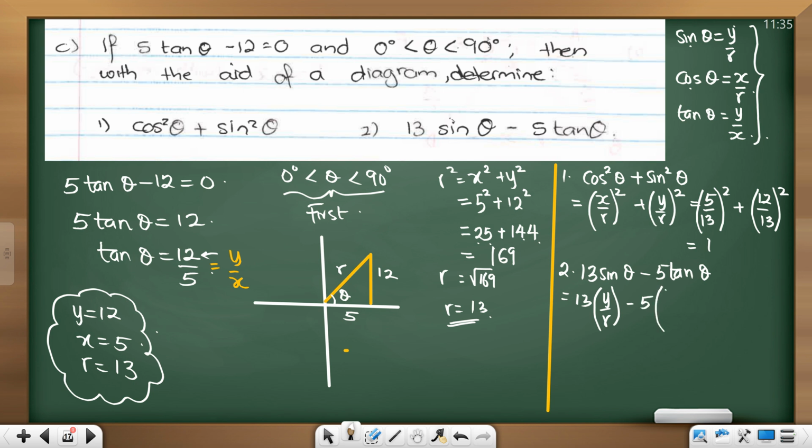What is tan theta? Y over x. It's easier this way because I already have my x, y, and r. I'm just going to solve. What is my y? 12 over 13, minus 5. What is my y? 12 again. And what is our x?